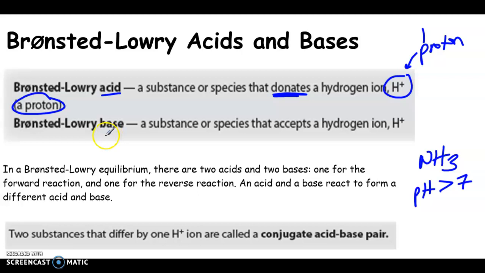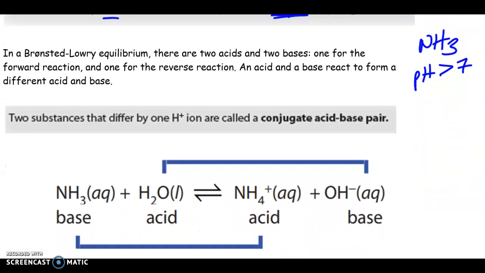A base is now a substance or species, again it can be an ion, that will accept a hydrogen ion or a proton. So what ends up happening is you have one substance that's losing a hydrogen ion and one that is gaining it. To be honest, it won't really make a ton of sense until you see some reactions written out.